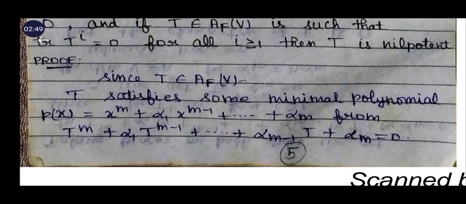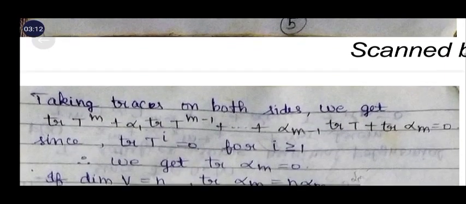Since T belongs to A of V, T satisfies some minimal polynomial p of x equal to x power m plus alpha 1 x power m minus 1 plus and so on alpha m, that is, T power m plus alpha 1 T power m minus 1 plus and so on plus alpha m minus 1 T plus alpha m equal to 0.